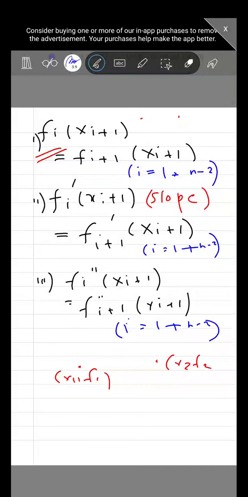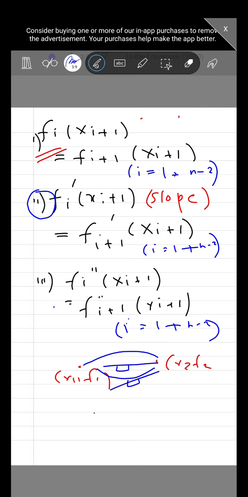We can join them either this way or this way. The first represents joining, while the second means they should be joined with the same slope. So the second condition takes care of the slope, the first condition takes care of the joining, and the last condition takes care of the curvature.